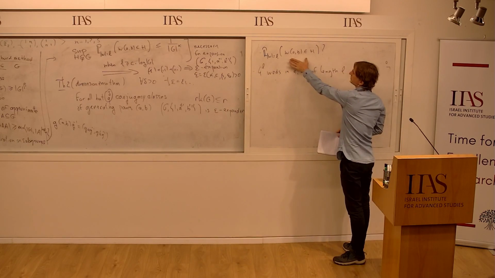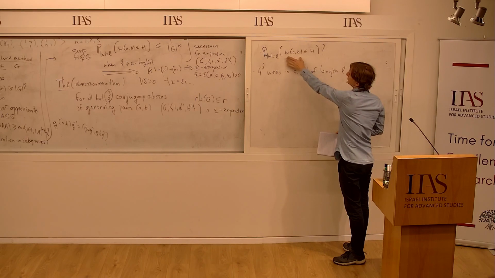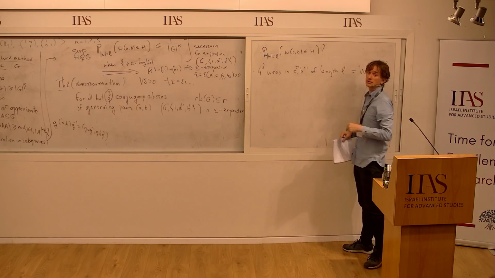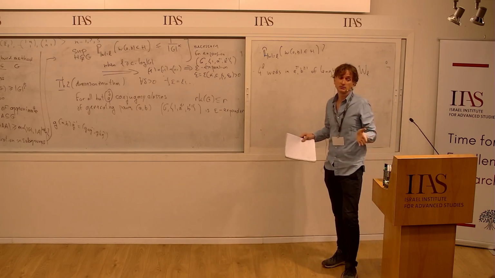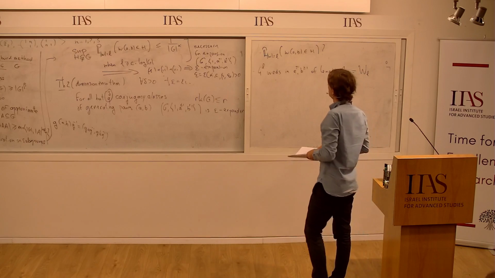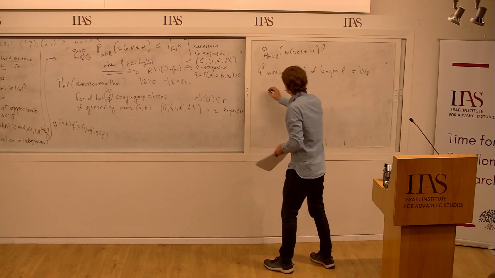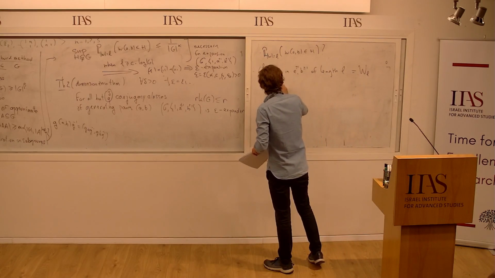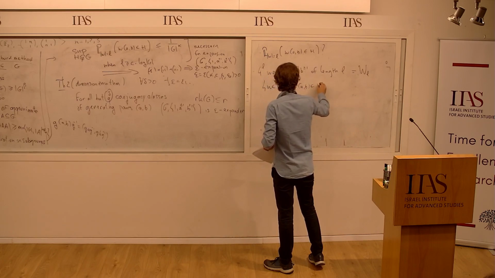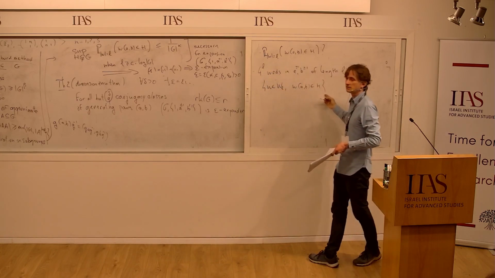To understand this, you need to say for which words W does W of A, B belong to H. There may be many ways in which W of A, B belongs to H. And the set of W's in W_L such that W of A, B belongs to H, what kind of set is this?